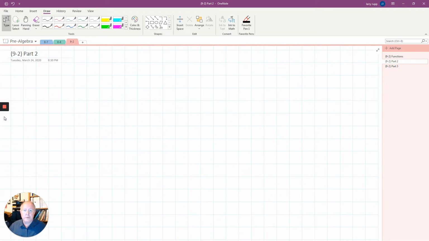Okay, so moving on. A couple more vocabulary words here. I know you guys have heard this before, and I know it's not your favorite because you always get them confused: domain and range. Yes, everybody's favorite. So what is the domain? The domain is the set of input values to the function.